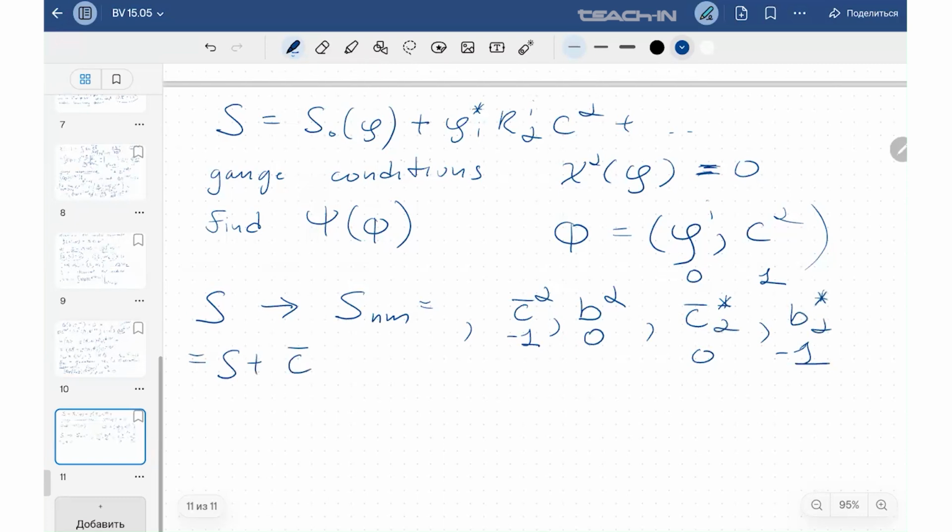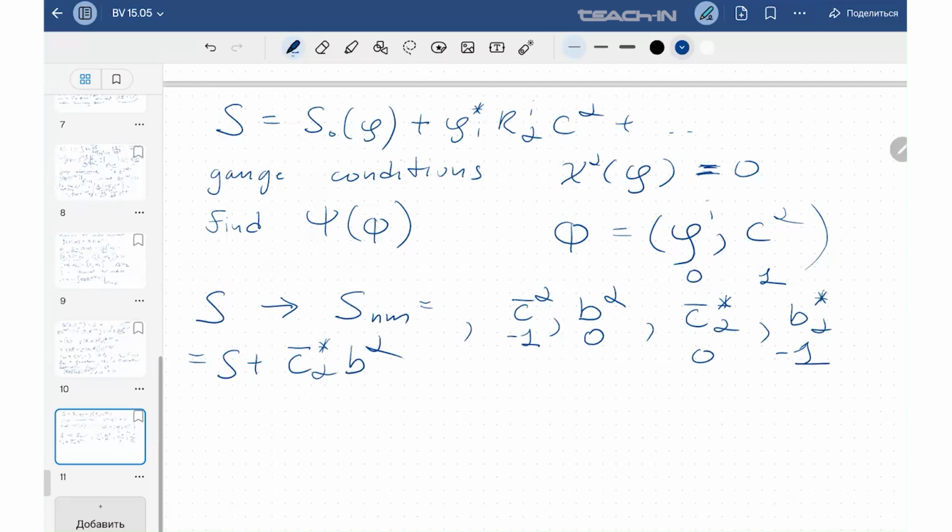Yes. And our non-minimal action is just our initial action plus C bar star alpha B alpha. And this is precisely the example we had in the beginning of the lecture. These are generalized auxiliary fields. We can always add them, extend our field-antifield space, and this doesn't change our physical system. In this case, C bar star alpha and B are just usual auxiliary fields, killed by equations of motion.